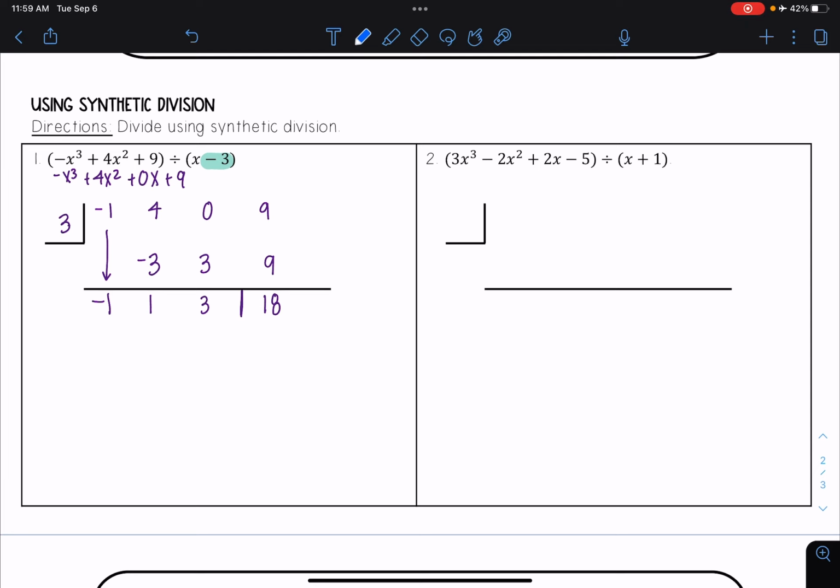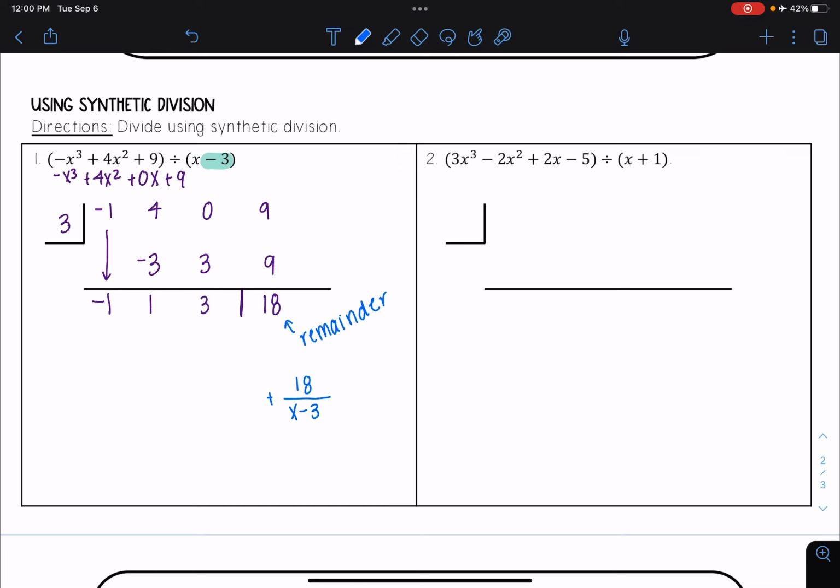And now here I can go ahead and actually write out what my answer is. So the reason why I squared this off over here is that what's last over here is always going to be your remainder. So I like to start from the end and work my way to the beginning. So my remainder is 18 over what I divided by, which is x minus 3. And then from here, I'm just going to go in reverse standard form.